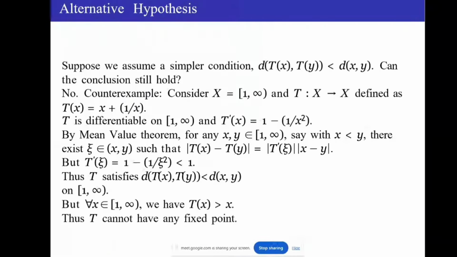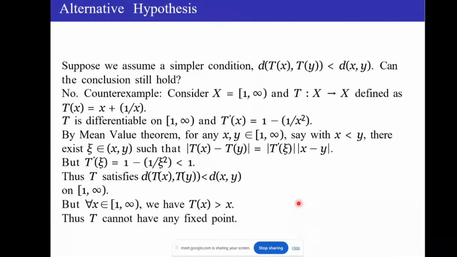So let me just summarize this example. We saw that if c is equal to 1, then definitely we can use translation, and the conclusions that we get in Banach contraction principle do not hold. Now we were trying for something else, a simpler condition.